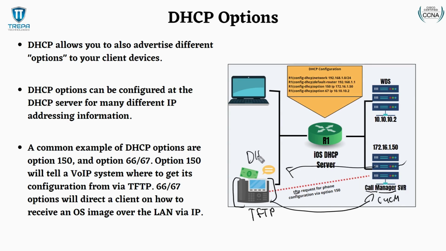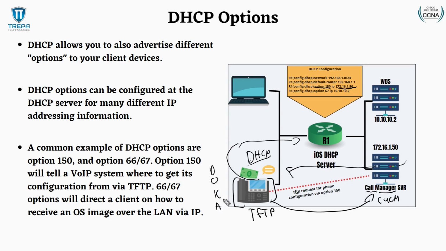Well, if we're not statically setting that IP address to the call manager, we run DHCP. On our DHCP server, we need to configure what's called an option 150 address. And that option 150 address is going to be the IP address for that call manager. So when this phone does a request to its DHCP server, it's going to request that as well during its R, right, of the DORA process.